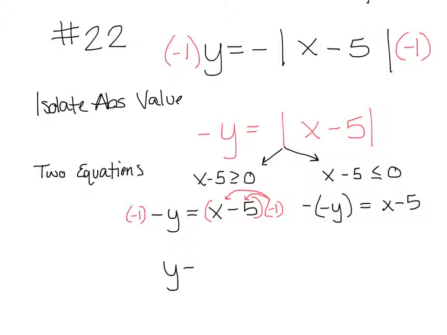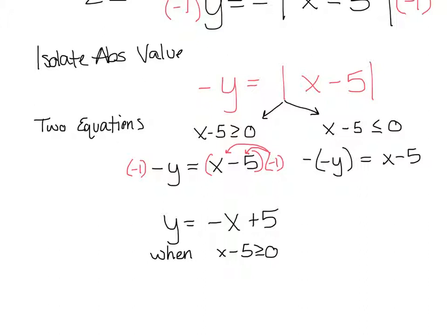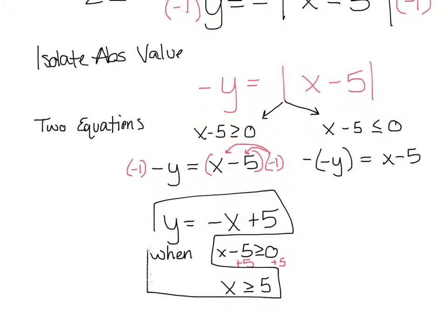So y equals what? Negative x plus 5. Very good. And that is, we'll only graph it for when x minus 5 is greater than 0. So to make that a little easier, let's get x by itself: when x is greater than or equal to 5. So that equation only applies when x is greater than or equal to 5.